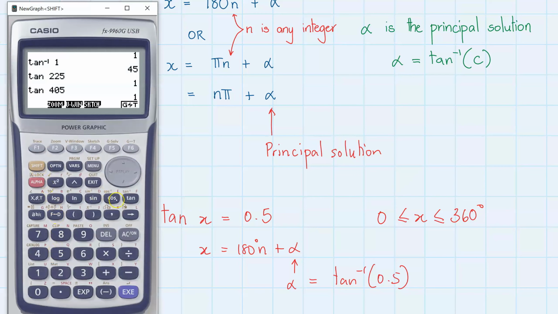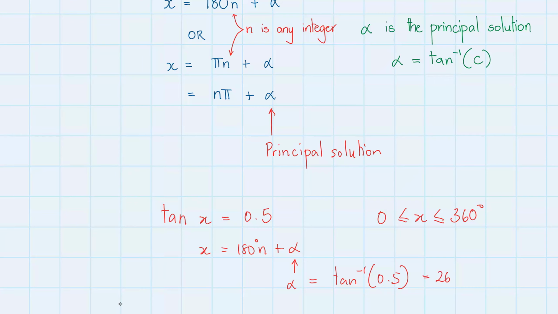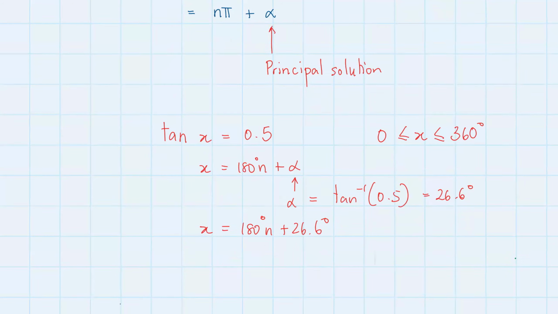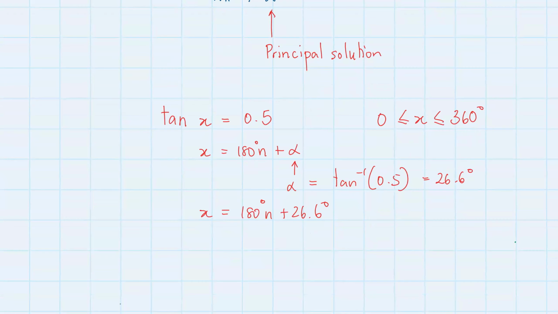I go shift inverse tan 0.5, which is 26.6 degrees. I then put that into my formula, so that's 180 degrees n plus 26.6 degrees. And then I just cycle my way through all the possible values of x. So I start with n equals 0. This, by the way, is your general solution.